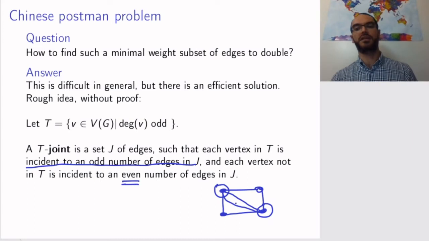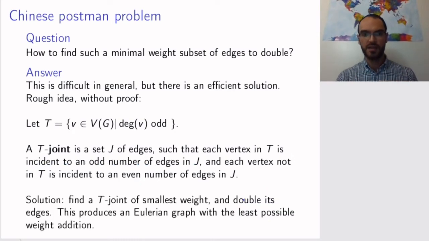Now I have an Eulerian graph. So now I have such a trail. And the difficulty is to find a T-joint with the smallest possible weight, and then you can double the edges so you get your Eulerian graph. And because your joint had smallest possible weight, this will be the best possible Eulerian graph.